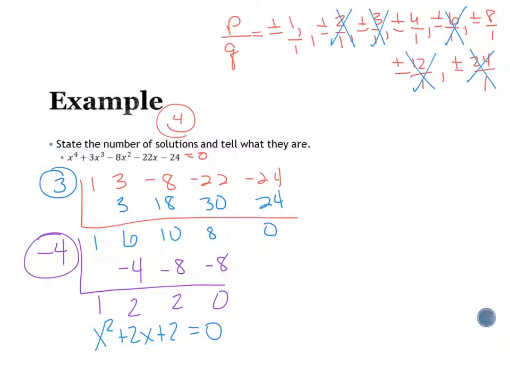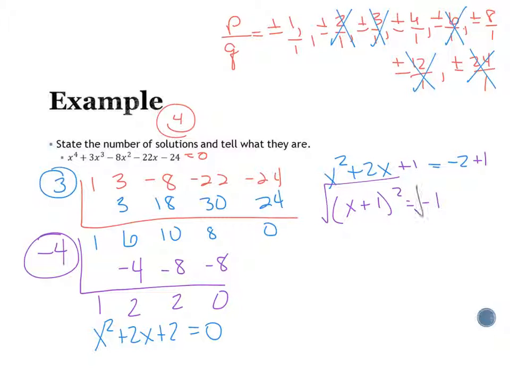And notice that's not going to factor because you're not going to have factors of 2 that make 2. So let's complete the square. Let's move the 2 to the other side. And to complete the square, we're going to take half of 2, which is 1, and square it, which is 1, and add 1 to both sides. So then we're going to factor into x plus 1 squared equals negative 1.